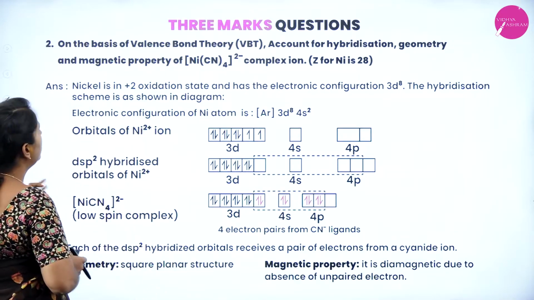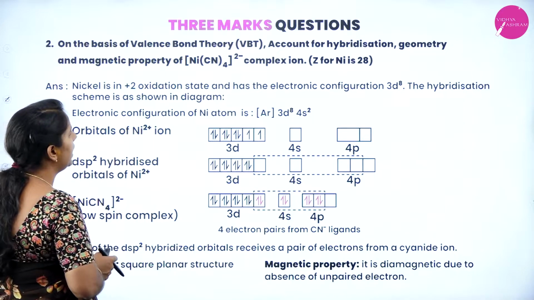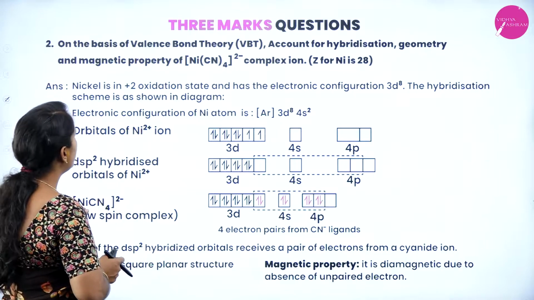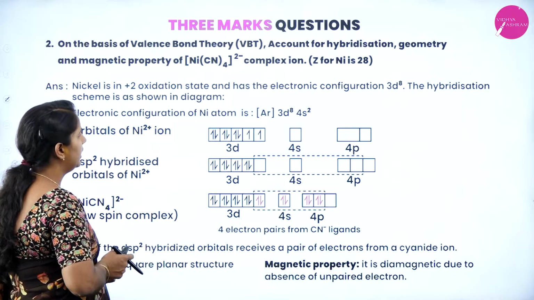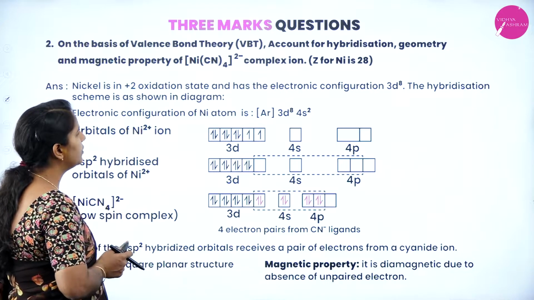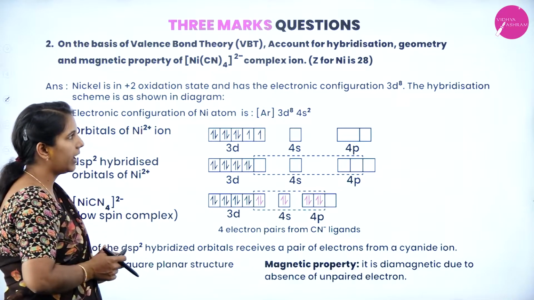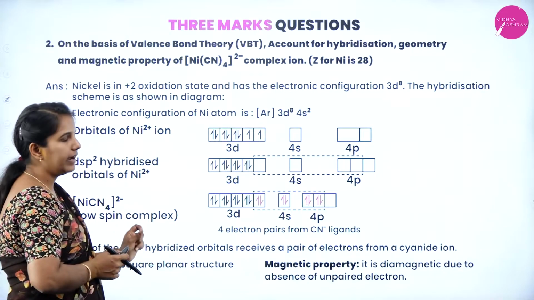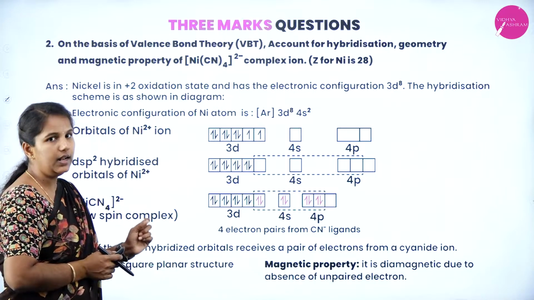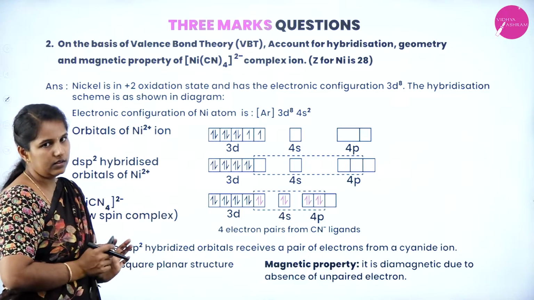Next question. On the basis of valence bond theory, account for the hybridization, geometry and magnetic properties of the tetracyanidonickelate(II) complex ion. They have also given the atomic number of nickel as 28.